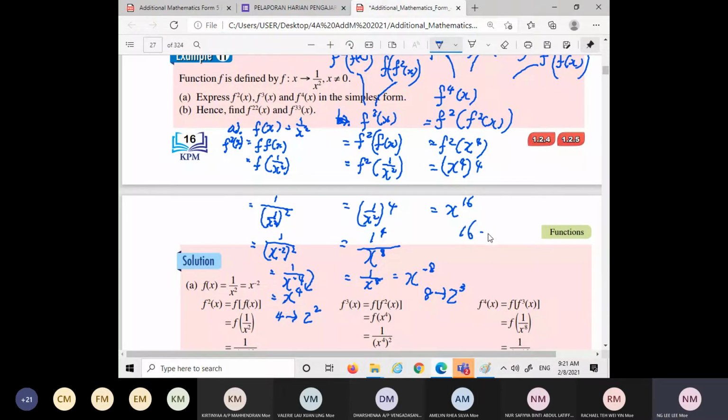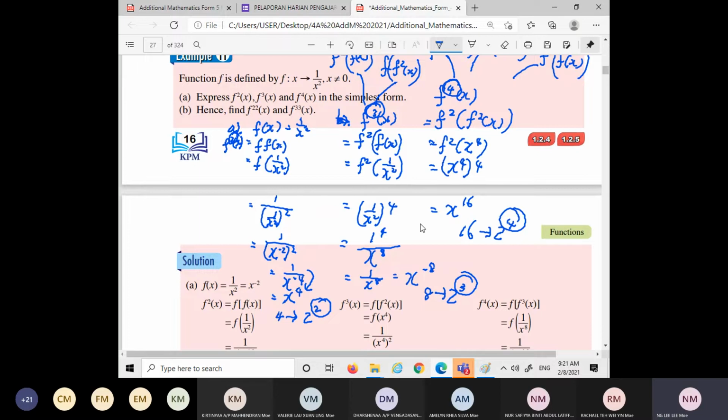The 16 here actually is 2 to power of 4. Can you see? This is 4 and this is 4. This is 3 and this is 3. This is 2 and this is 2. And then if even number of the power, remember the answer, the power is positive. If odd number of the power, then the answer for a power is negative.